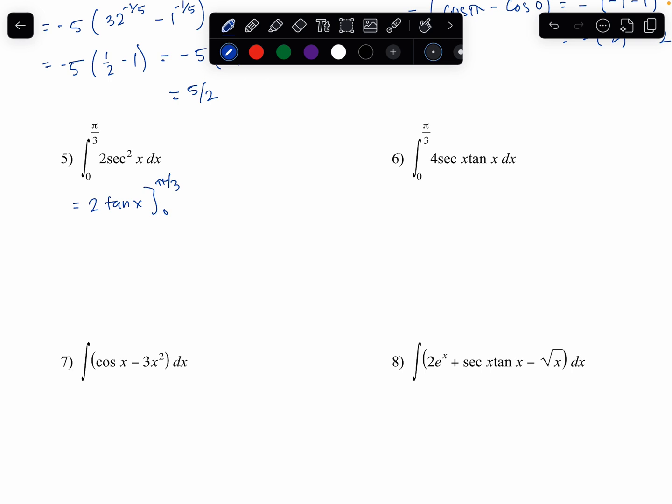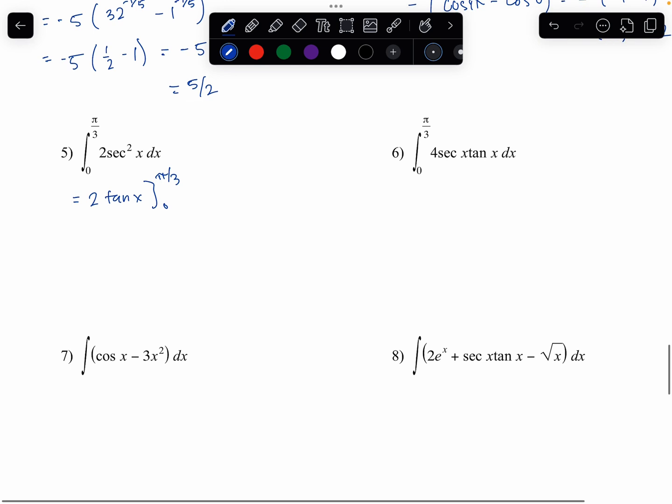One second, let me check my antiderivative. Derivative of tangent is secant squared. Yeah. So we'll get 2, and we'll do tangent of pi thirds minus tangent of 0.